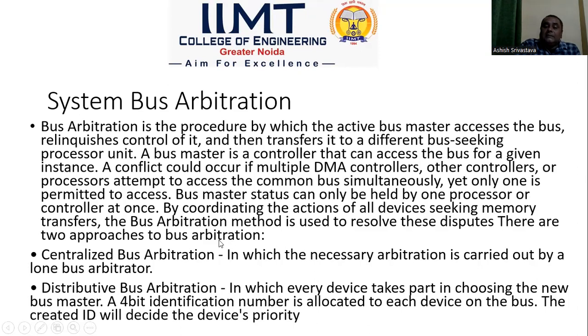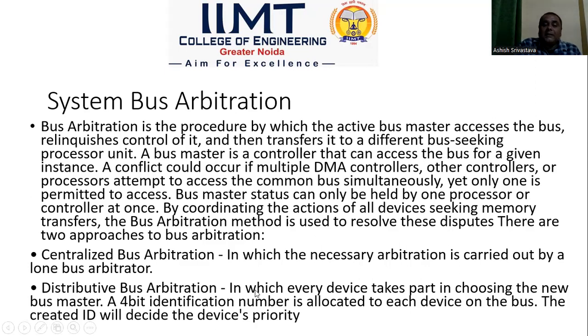Centralized bus arbitration uses a central bus arbiter that controls the devices, in which the necessary arbitration is carried out by a lone bus arbiter. It decides which of device 1, device 2, device 3, up to device n connected to the system bus has the highest priority, which has the next highest priority, and so on down to the lowest priority. The centralized bus arbiter plays the role of master bus controller, giving the priority.